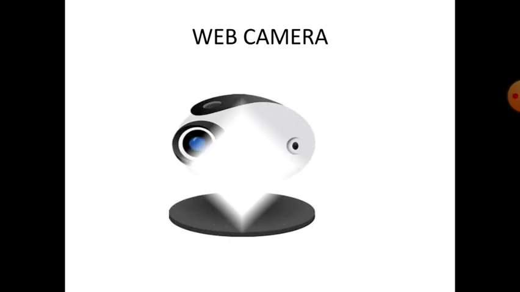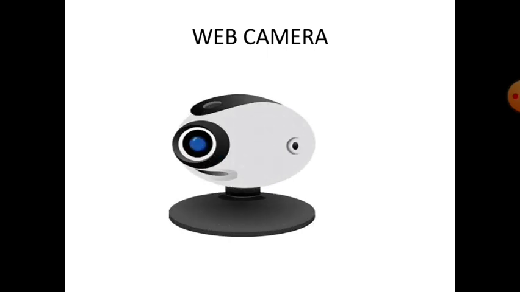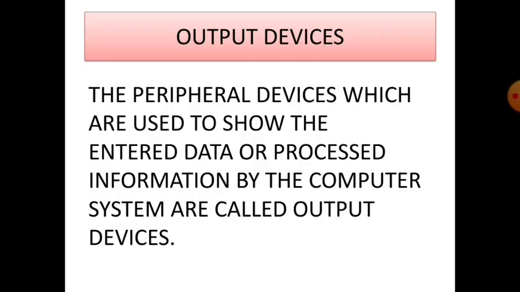Next is the web camera. This input device is used to capture and store still images and live videos in the computer system. It is mainly used for conducting live talks or chats with others. Next, we are going to learn about the other devices, that is output devices.